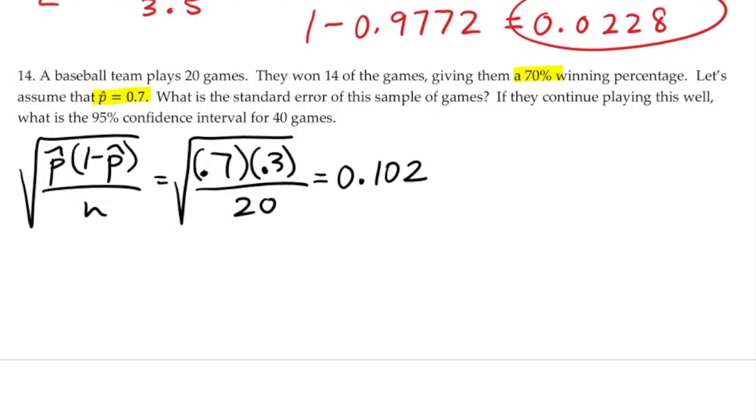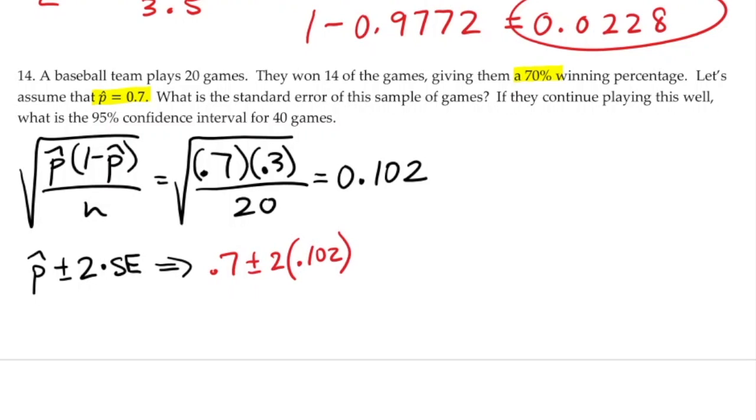If they continue playing this well, what is the 95% confidence interval for 40 games? Well, p hat plus or minus 2 times the standard error is going to give us the confidence interval. And that is 0.7 plus or minus 2 of these 0.102 scores, which is 0.204.